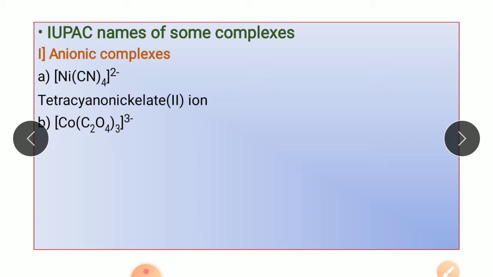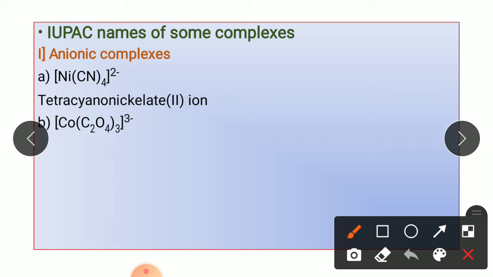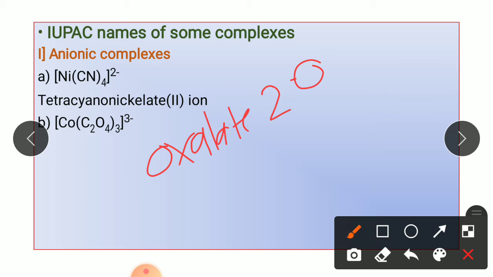Next, the example of cobalt, [Co(C2O4)3] having the charge 3-. Now we know oxalate ligand is carrying 2 negative charges. So the oxidation state of cobalt in this complex is +3, and 3 molecules of oxalate are there, so it will be trioxalato.